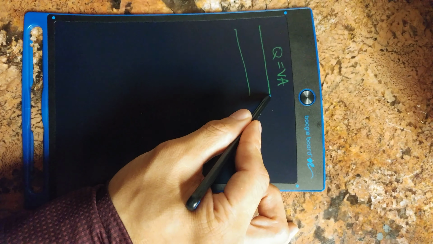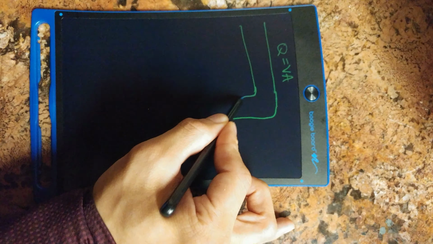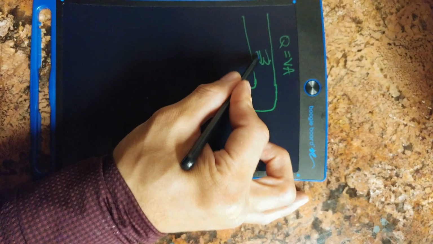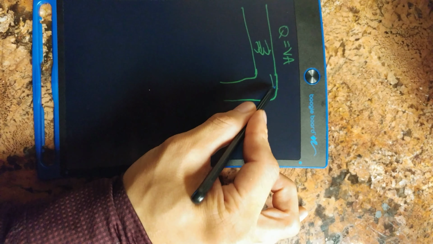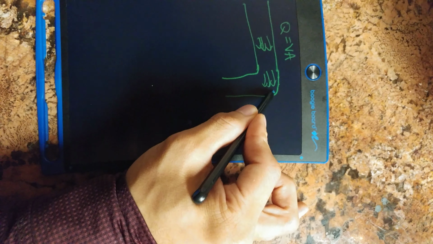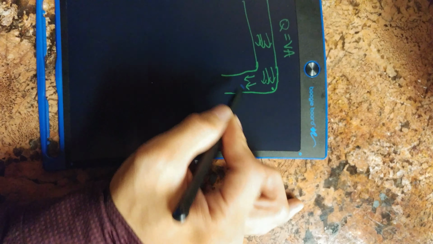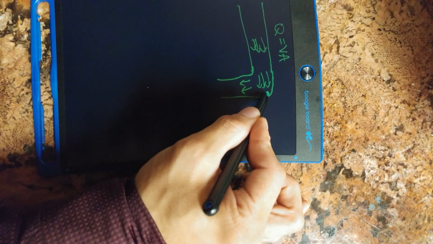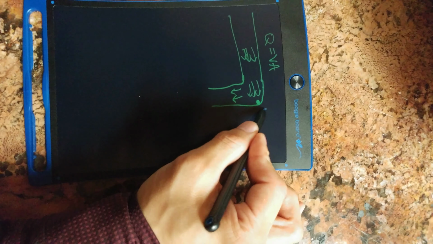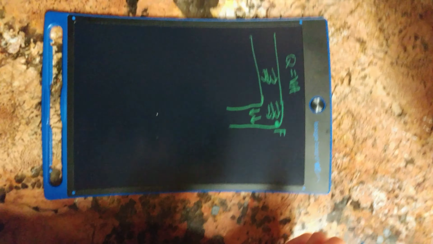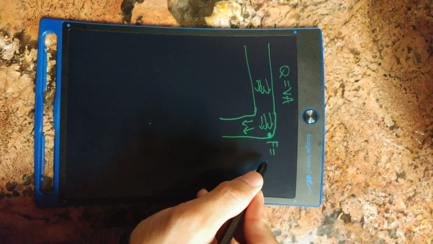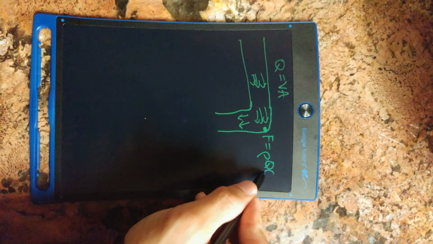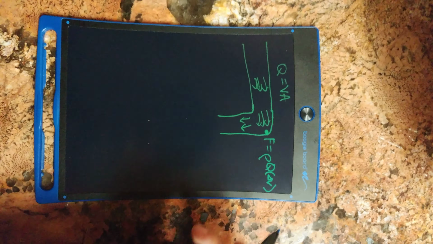And let's say there's a bend right here, and we have water in the pipe flowing this way, then it hits this wall, and then it moves down. So we want to know what the force on this wall is. So the force exerted upon the wall is going to be the density of the fluid times the flow times the change in velocity.